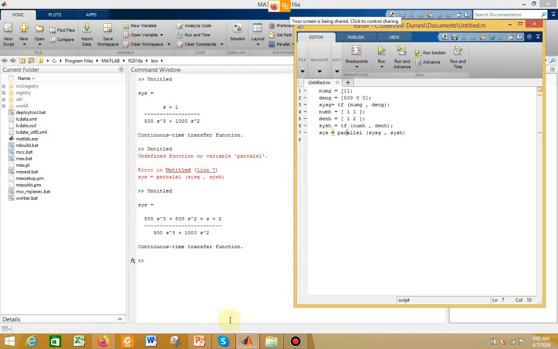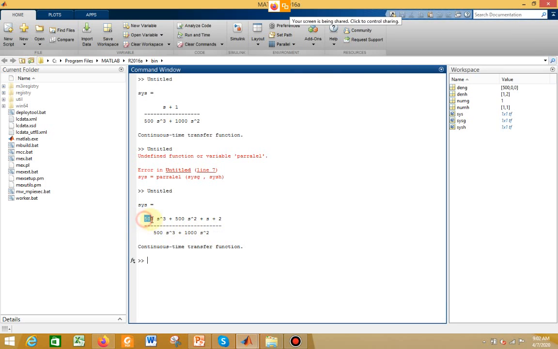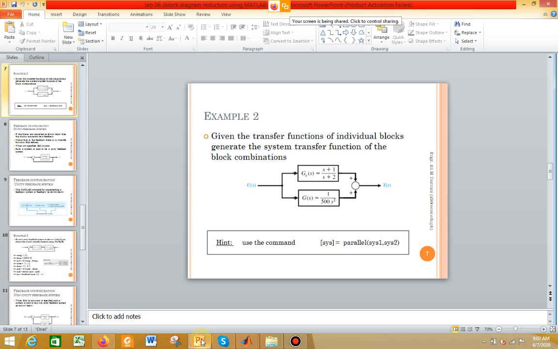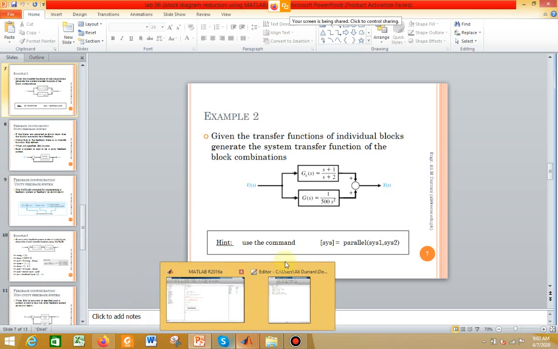Okay, so here you can see that both of the transfer functions are now just like we have added them, and the result is here, which is 500 s cubed plus 500 s squared plus s plus 2, and then we have 500 s cubed plus 1000 s squared in the denominator.